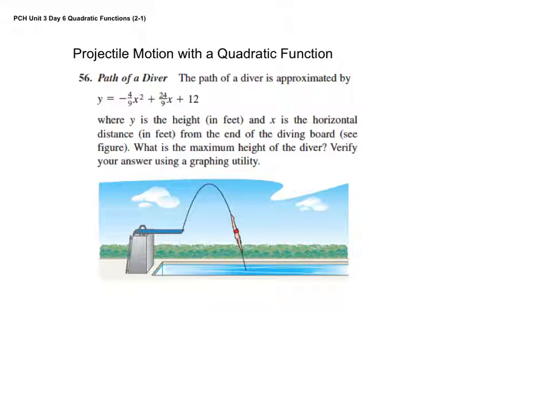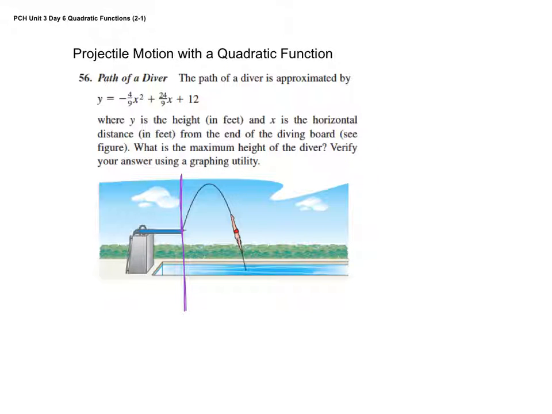So check this out. It's saying x is the horizontal distance from the end of the diving board. So here's our y-axis right there. And where is our x-axis going to be? On the board itself? Wait, look at our model. What's our y-intercept in our model? 12.